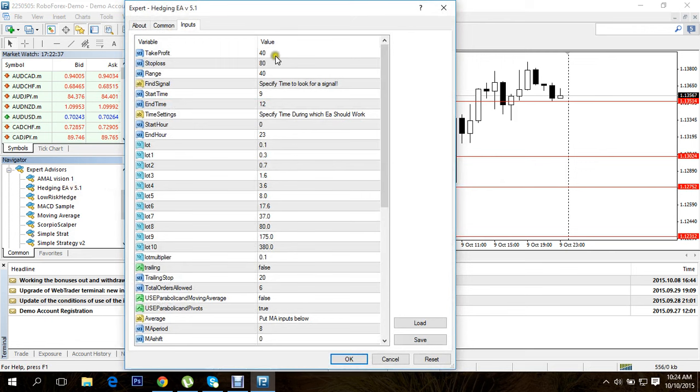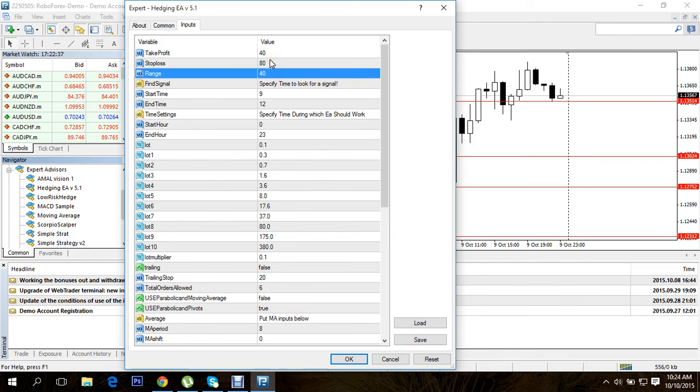So now you know what take profit, stop loss, and range are. All these variables you can change. Let's say I want a take profit of 50 pips, a stop loss of 150 pips, and a range of 50 pips, that's fine. We can lower or increase these values as we want.